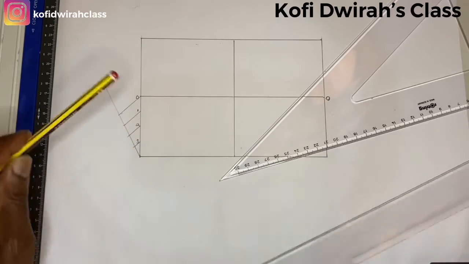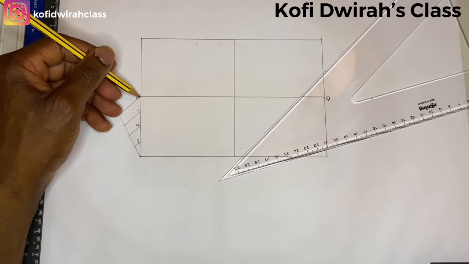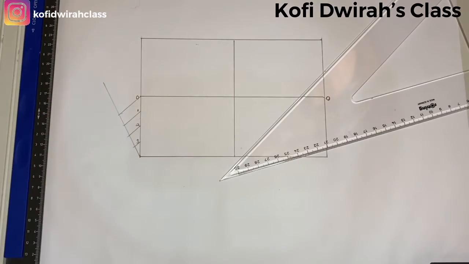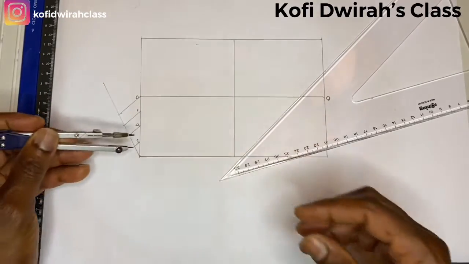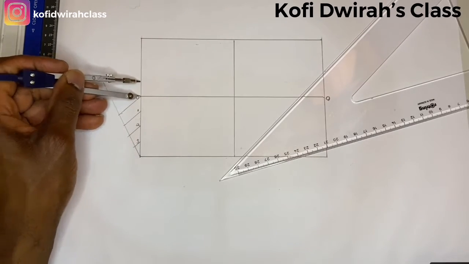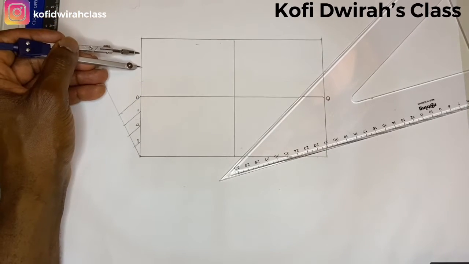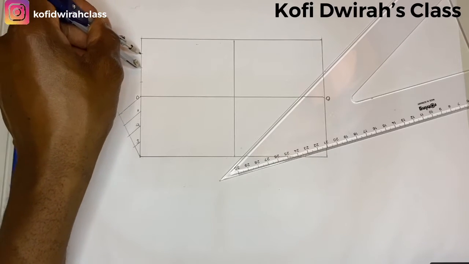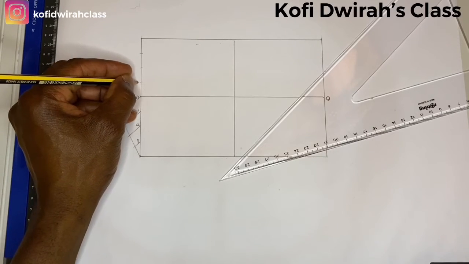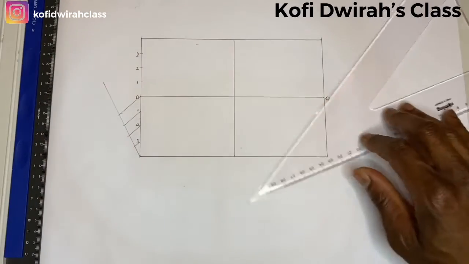Then you do the same thing here. You divide. But as the distance from here to here is equal from here to here, you can use your compass to measure this. Then you use it to divide this. So here also we have 1, 2, 3 with the same radius.